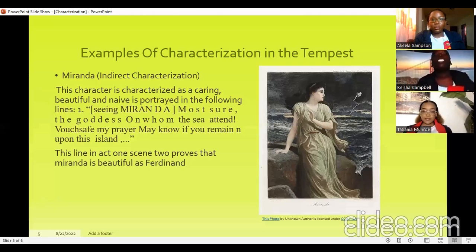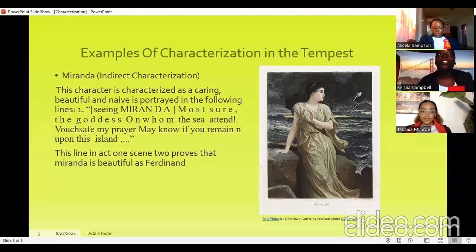Miss has given us a chart where she placed the names of the characters from the templates. And the types of characterization are, can anyone tell me?